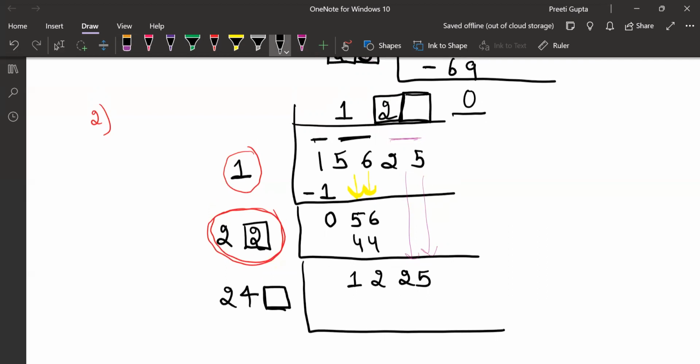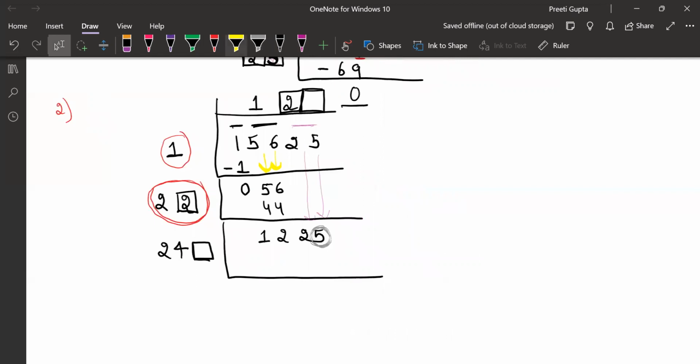Okay, so here as you can see, the units place is 5. And by the hit and trial method, you know 5 5s are 25, so 5 comes in the units place. So let me consider 5 over here, and here also 5. Let me just do it. So 245 into 5, that is 5 5s are 25, 5 4s are 20, 22 comes, 2 5s are 10, 11, 12.